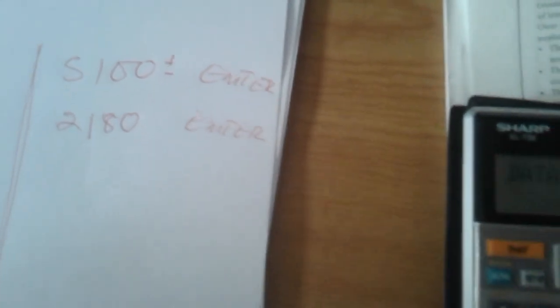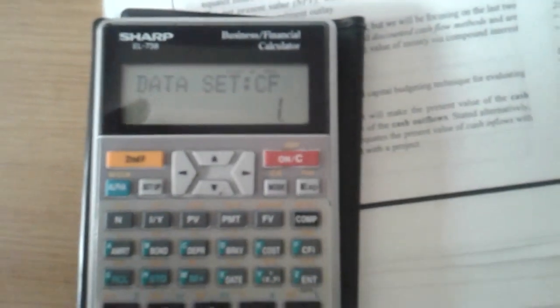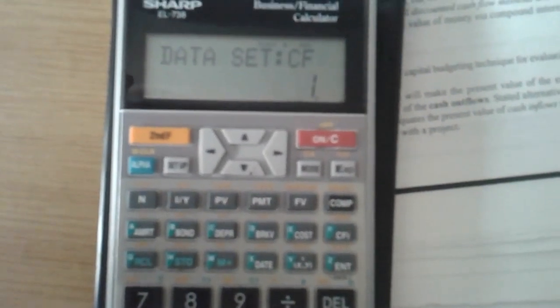Now you go to the next one, 2,180, then again enter. 2,180 enter. Now it says 1.